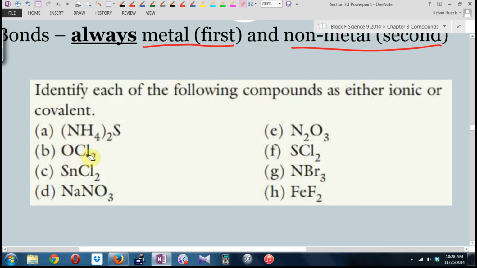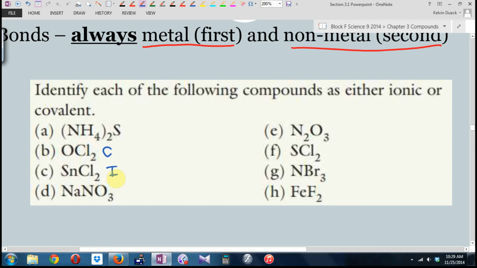What's Cl? Is O a metal? Covalent. What about C? Is Sn a metal? You got to find it. It's not scandium. Okay, Sn is tin, and I know it's a weird one. Is that a metal? This is ionic.